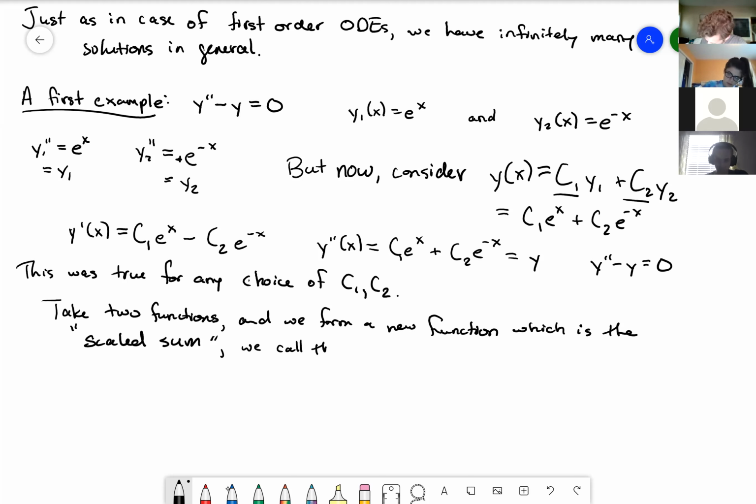In some places you will see this called a superposition. Another term that you might see for this is a linear combination.